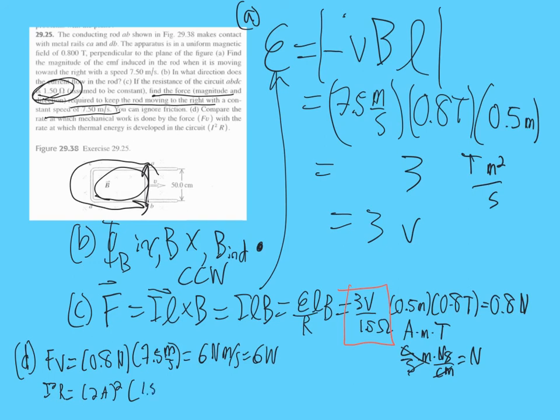It's 4 times 1.5. That's 6 watts also, which is good. We should be using the same amount of power both ways. The amount of power that we get in the circuit should be the amount of mechanical work that we did. It's 100% conversion, the best kind of conversion. And that's really all I have to do to do 29.25.